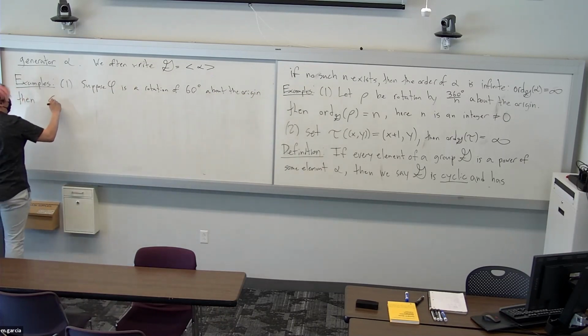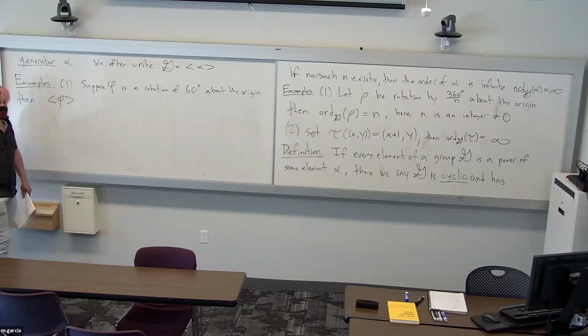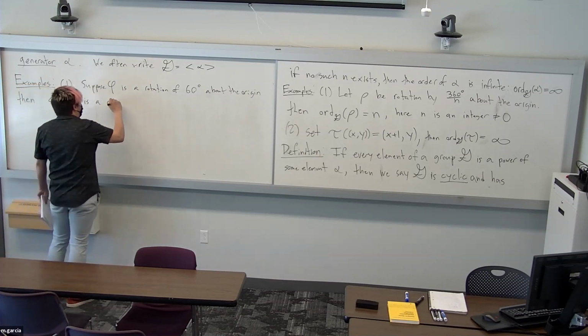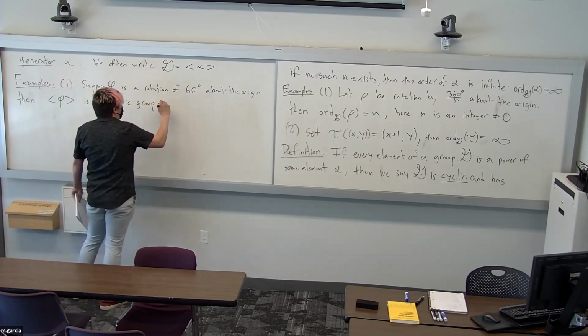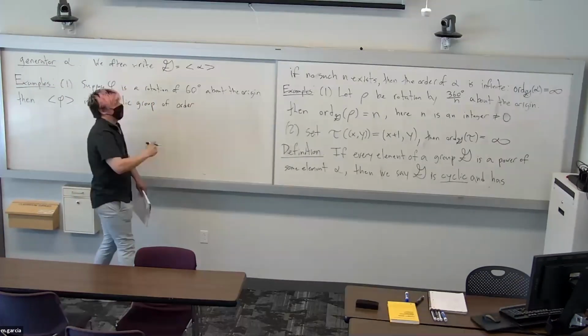Then the group generated by phi is a cyclic group of order what?